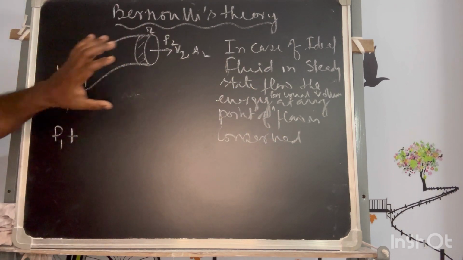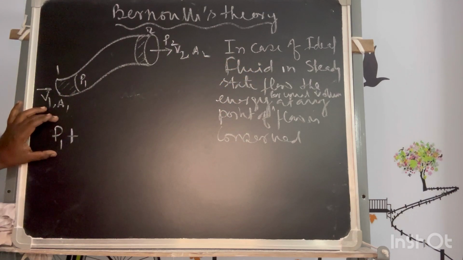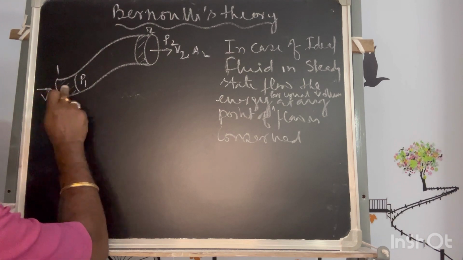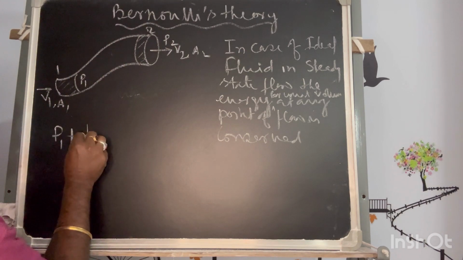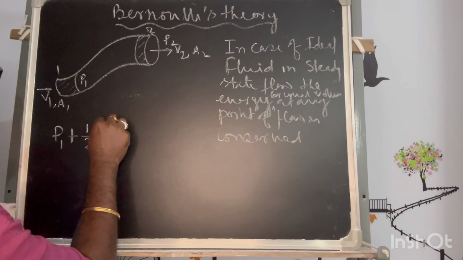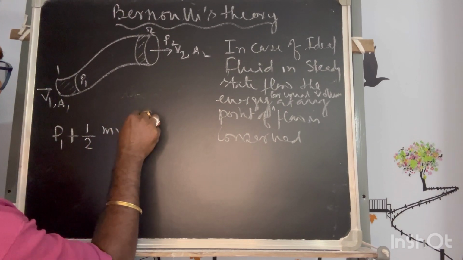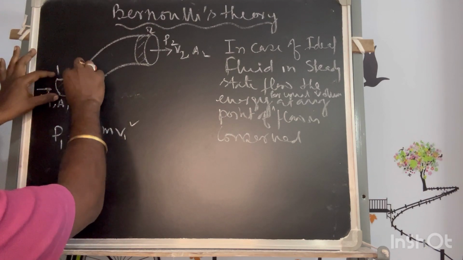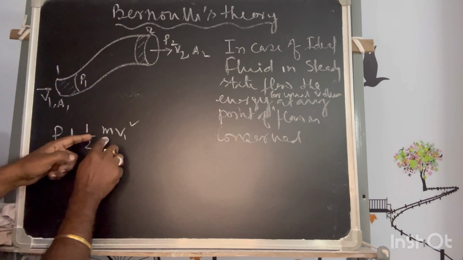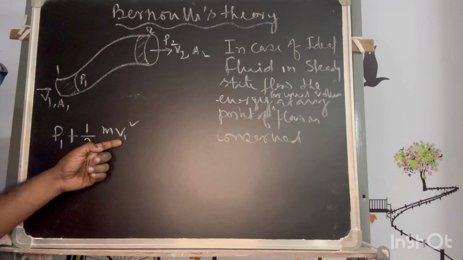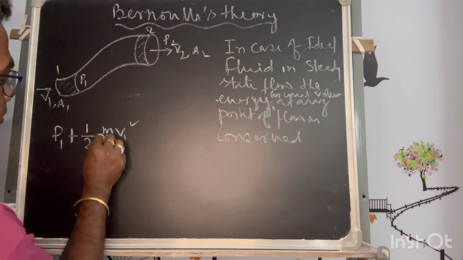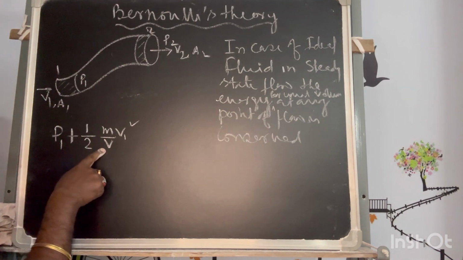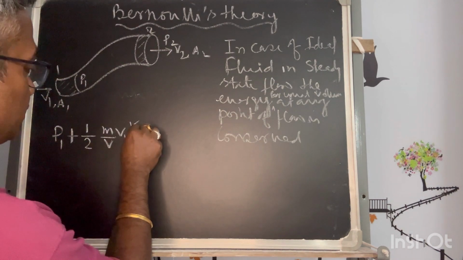Then for the kinetic energy, there is velocity, so I get half m v square, v1 square. This is the energy for any segment at point 1, with mass m flowing per unit time. But we want energy per unit volume, so I divide by volume, and this is the kinetic energy per unit volume.